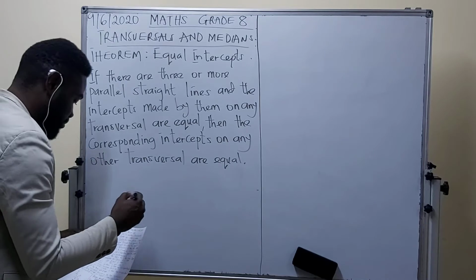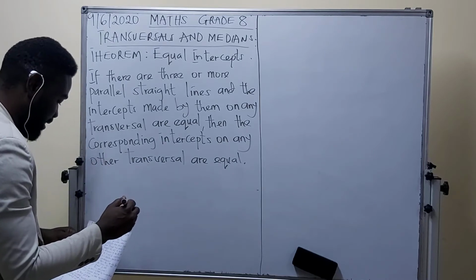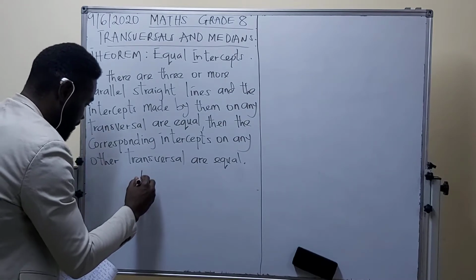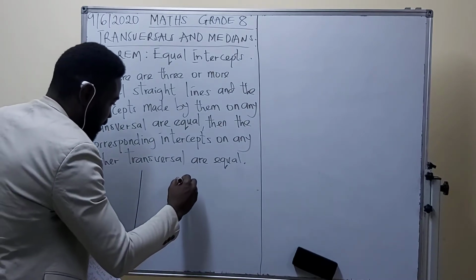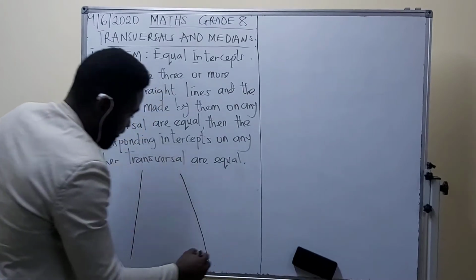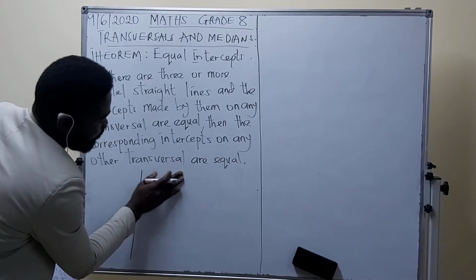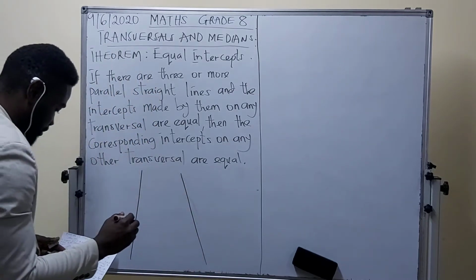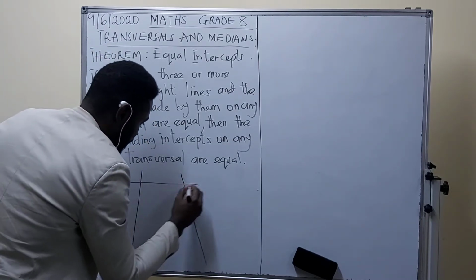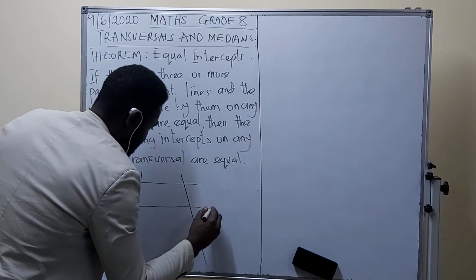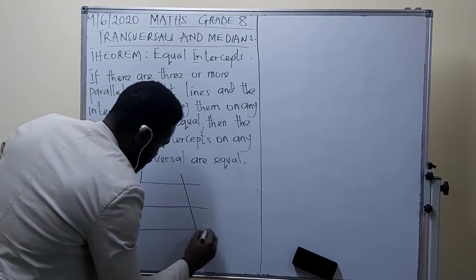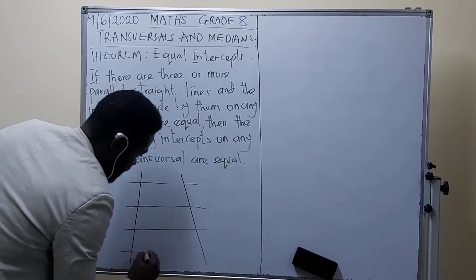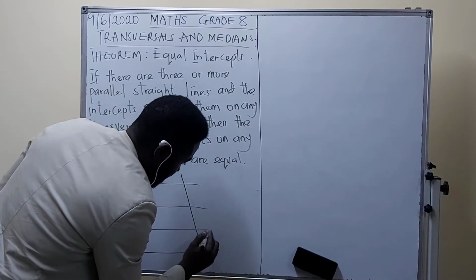We'll have a diagram on the board to see what exactly we are trying to say. With this diagram you understand better what we are talking about. So we have first parallel line, second parallel line, third parallel line, fourth parallel line.